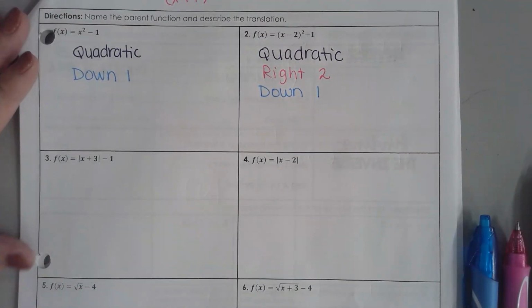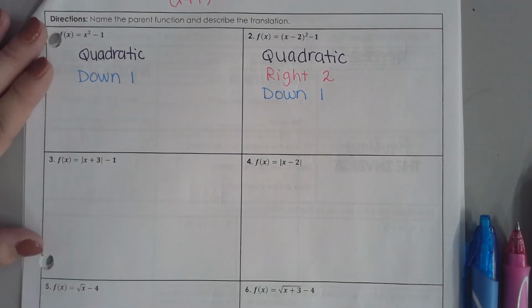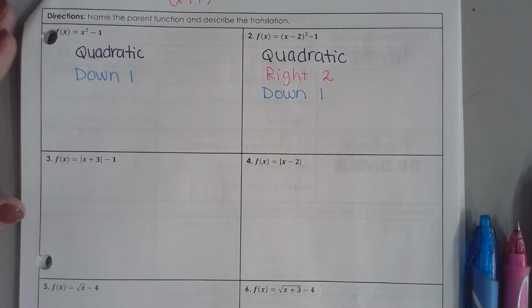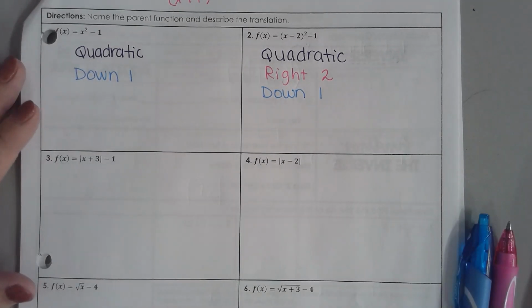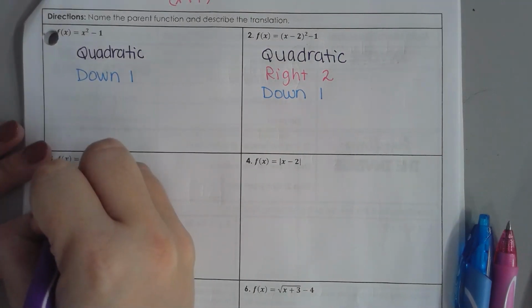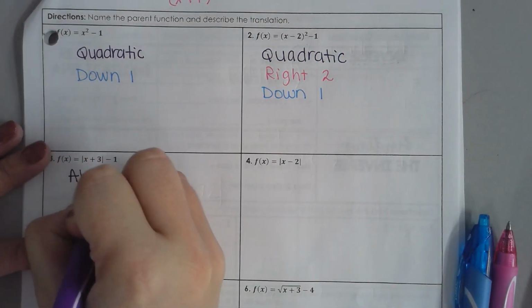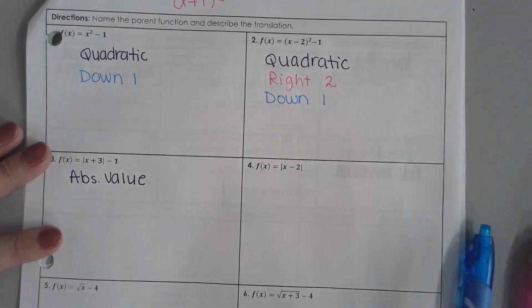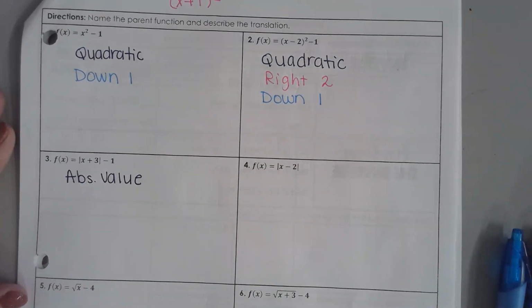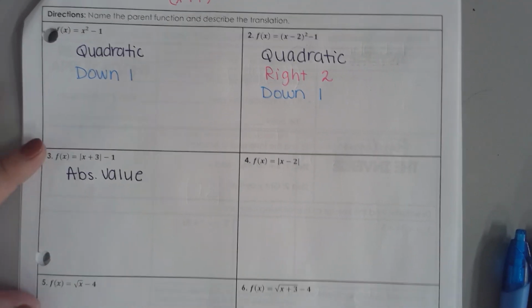Number 3. What type of function do we have? You see those vertical bars? That's absolute value. It has a plus 3 on the inside.